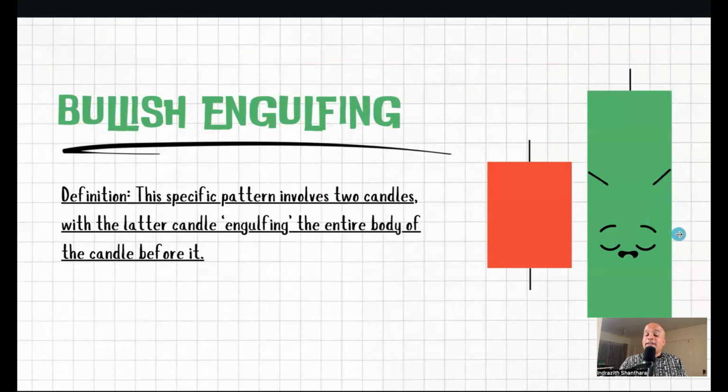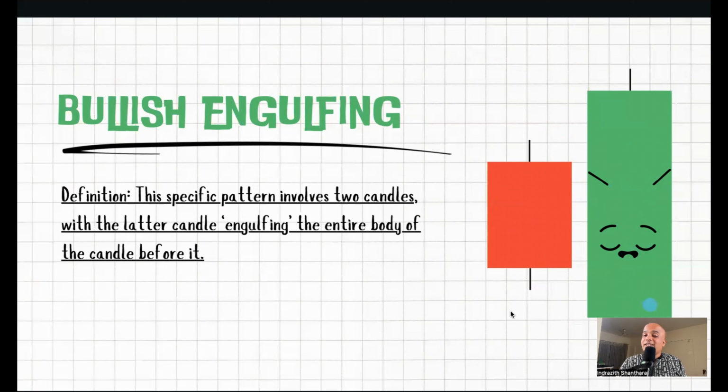Now let's continue. The third one is bullish engulfing. The bullish engulfing pattern consists of two candles. The first one is a small bearish candle and the next one is a big bullish candle which engulfs the first small bearish candle. This candle engulfs this particular candle completely.